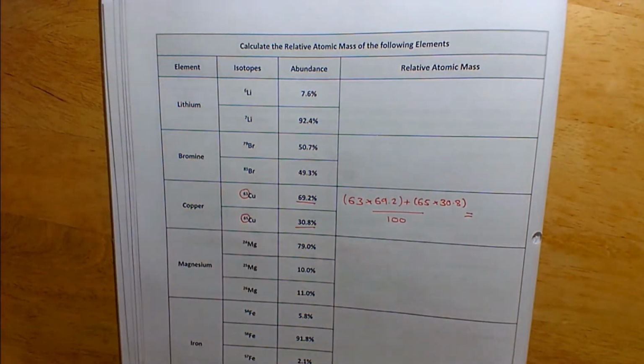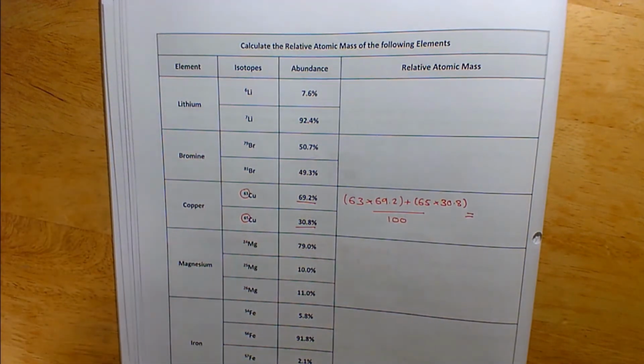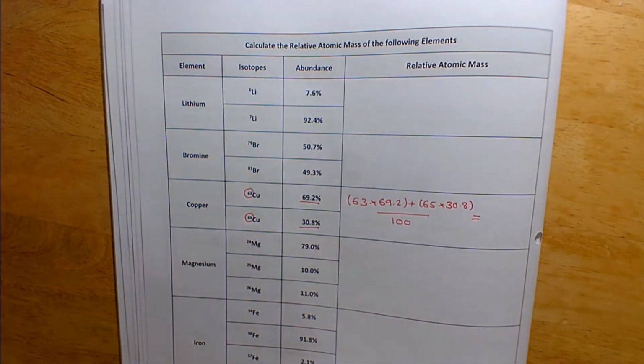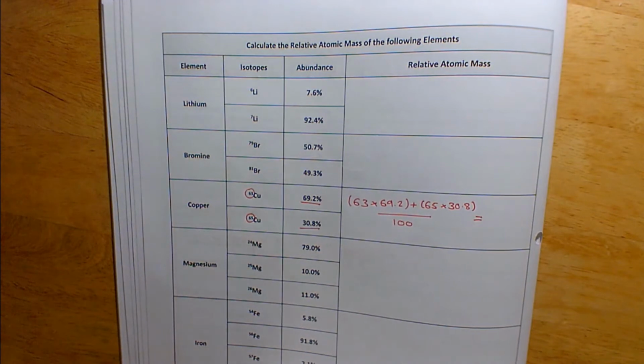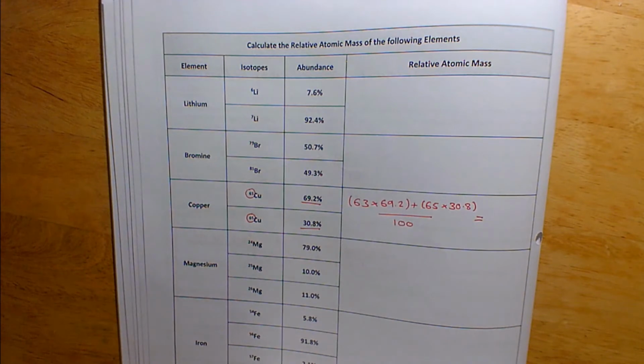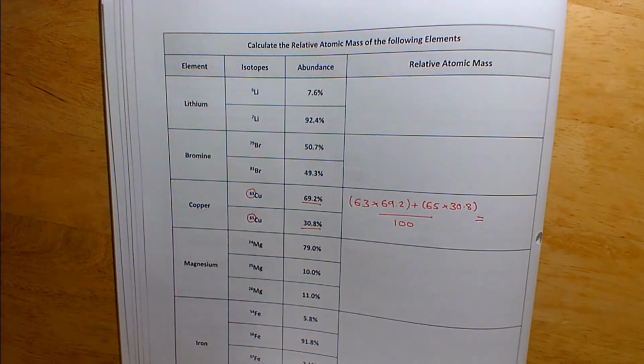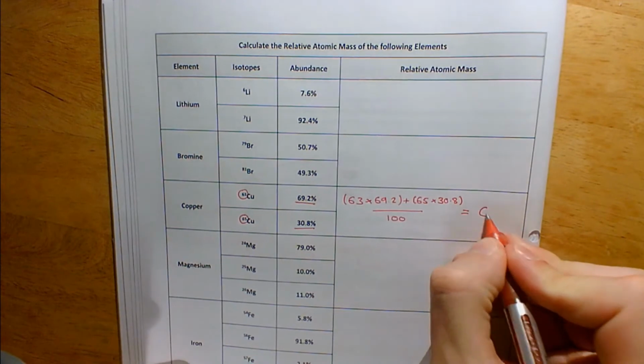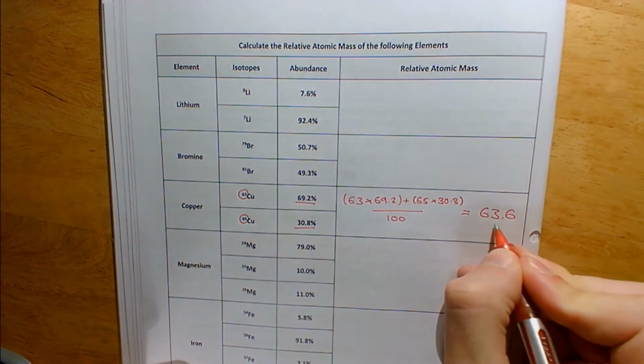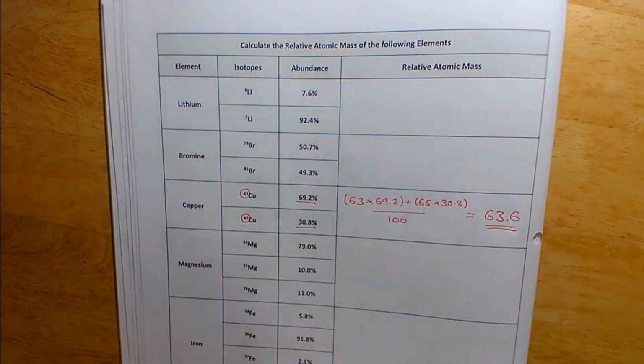And then I'm just going to grab my calculator quickly and type in 63 times 69.2 plus 65 times 30.8 over 100, which is equal to 63.6. And there's our answer.